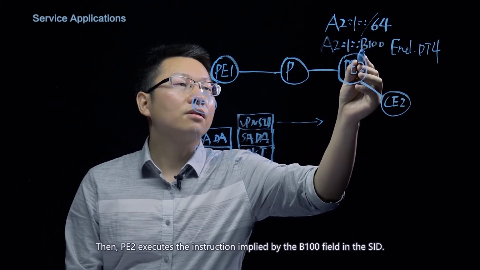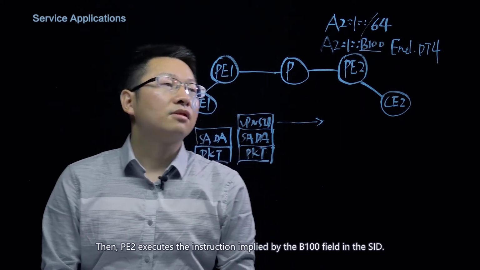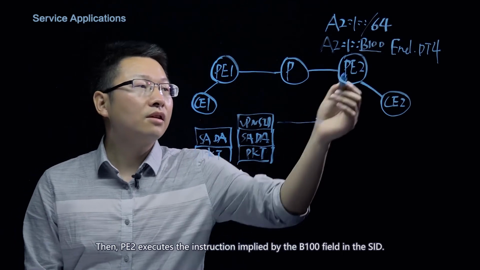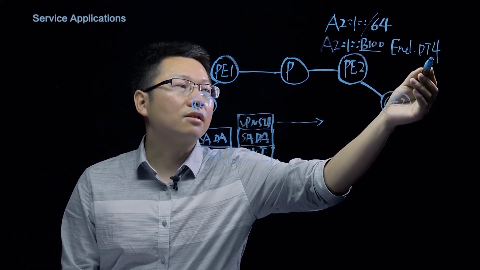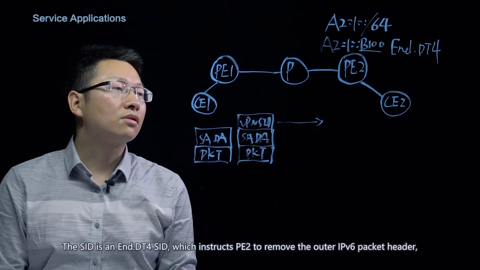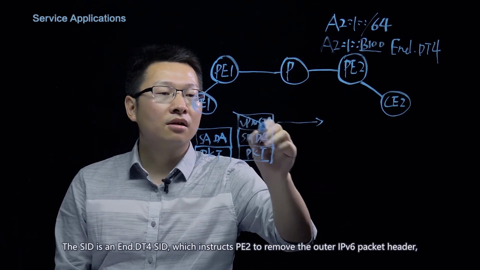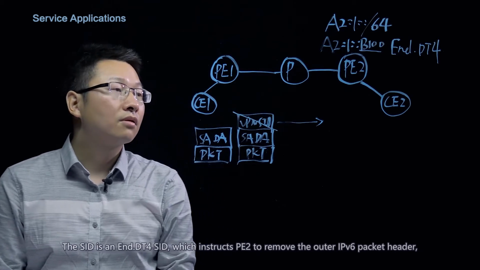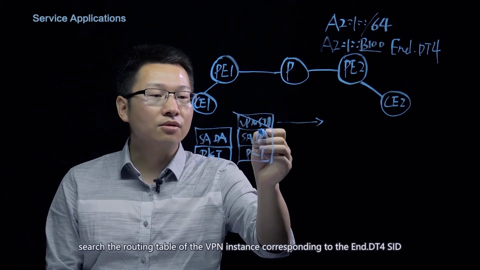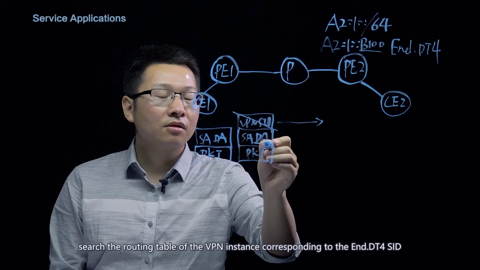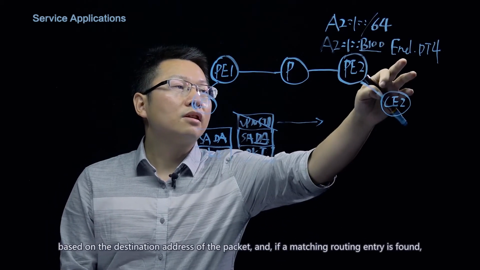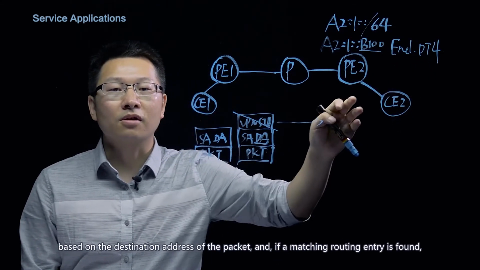Then PE2 executes the instruction implied by the B100 field in the SID. The SID is an End.DT4 SID, which instructs PE2 to remove the outer IPv6 packet header and search the routing table of the VPN instance corresponding to the End.DT4 SID based on the destination address of the packet.